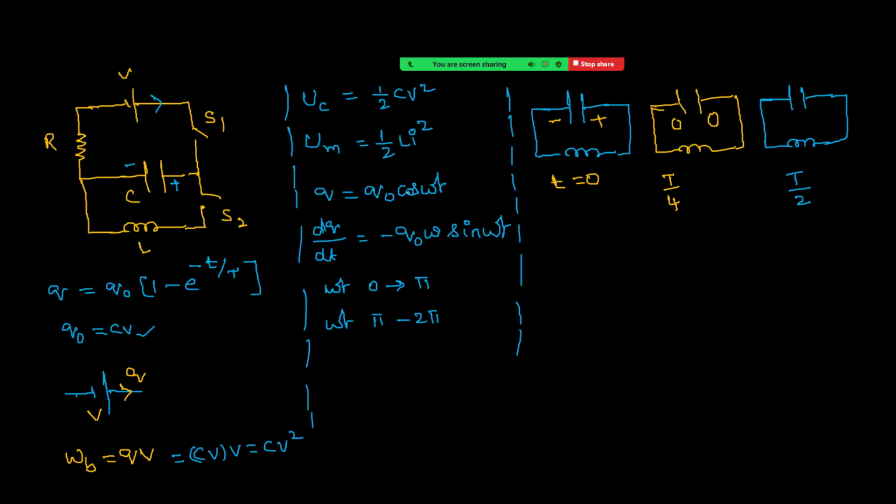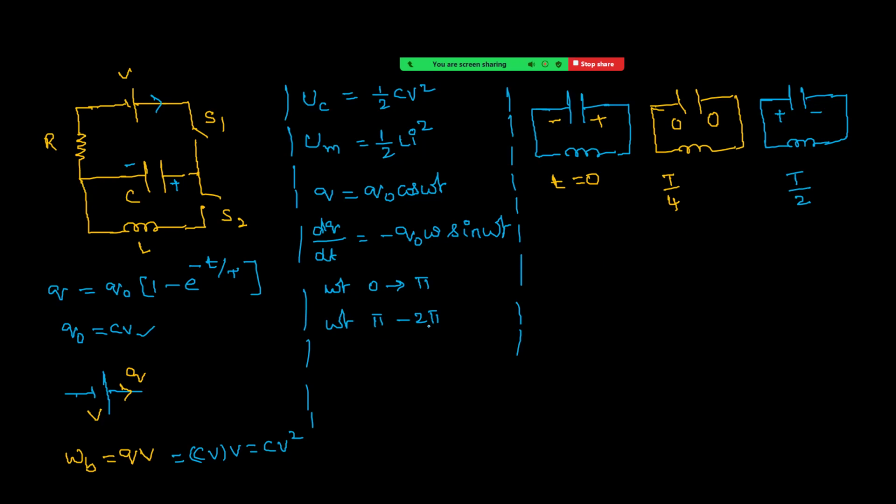That means charge on right plate now becomes minus, and this is plus. That means once again capacitor is fully charged, but polarity is now reversed. Here it was plus minus, now it is minus plus, right? Fully charged. And here what we got? In first half cycle, direction of current is not changing. You can see here positive charge flows like this. That means the current is clockwise. That means in first half cycle, current is clockwise, right?